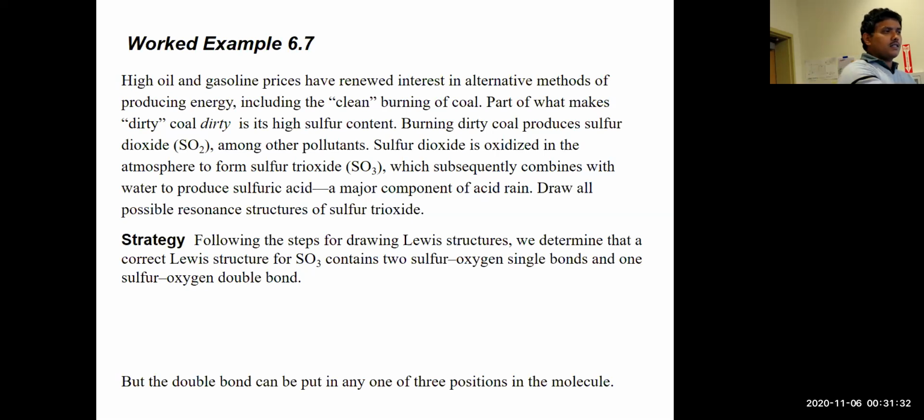So the question is saying that natural gas or coal, well, especially coal, we are scared about it, and it's not really great for the environment for multiple reasons. One is that it could produce carbon dioxide, and another less known fact is that it can also produce the toxic chemical SO2, which becomes much more toxic because when SO2 oxidizes, it oxidizes into SO3, and when it combines with the rain, it releases sulfuric acid.